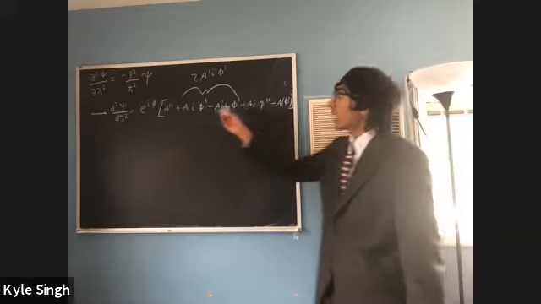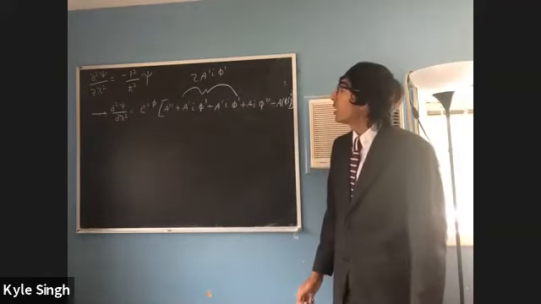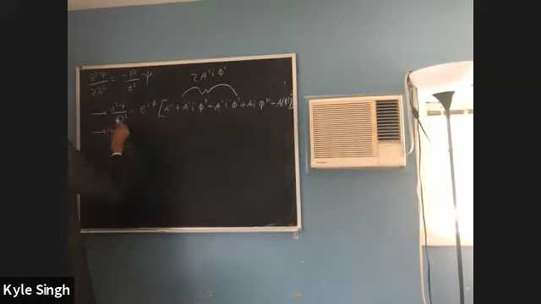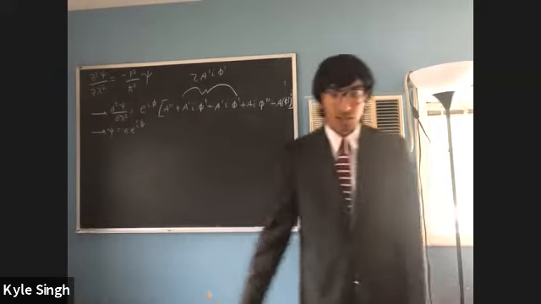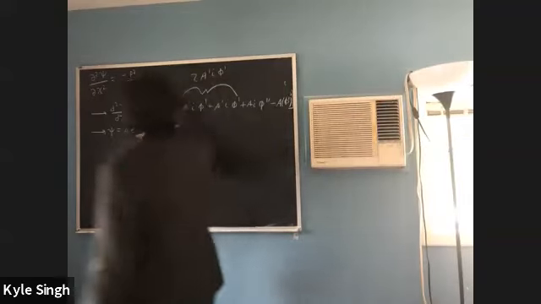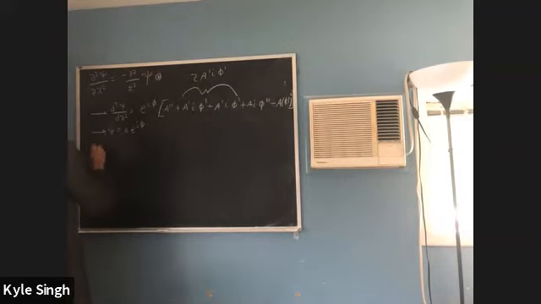Okay, and now I can plug this into Schrodinger, right? So now I know what that thing is. I know what psi is, right? Psi is just a e to the i phi, okay? That's what psi is. Now I plug into star. I plug into Schrodinger. We'll call it star. So when you plug into star, what do you get?